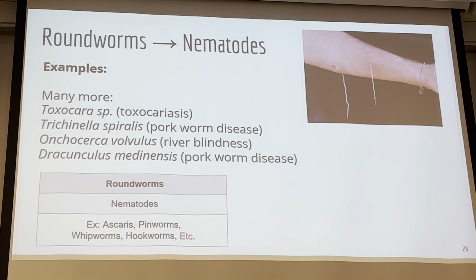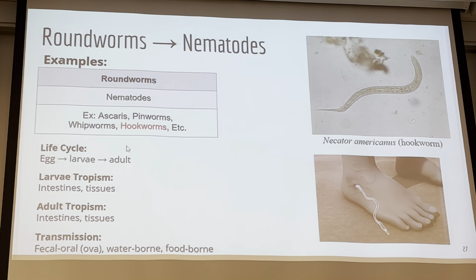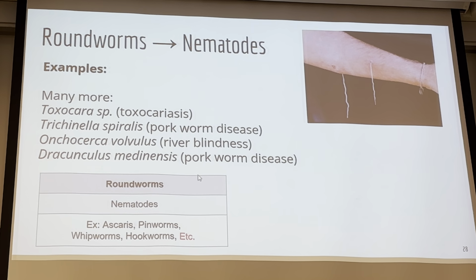I just wanted you to know there's a lot more, and I covered the most common ones. Do we need to know these ones too, or is it just out there? No, the only ones that you need to know their genus and species are the two note cards, and that's it. Except Ascaris, because they're just called Ascaris. Pinworms, whipworms, hookworms, that's a genus name as well, but they're called that.